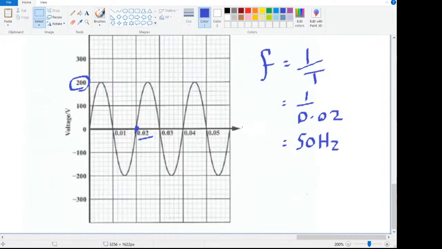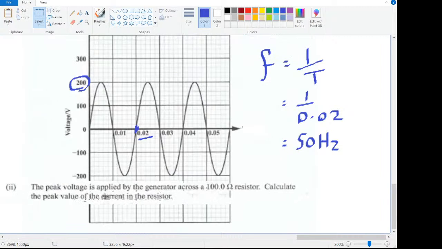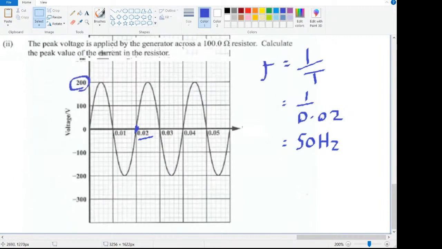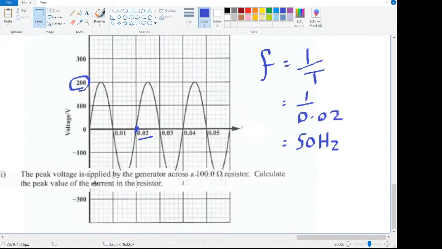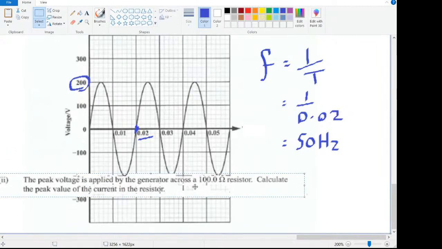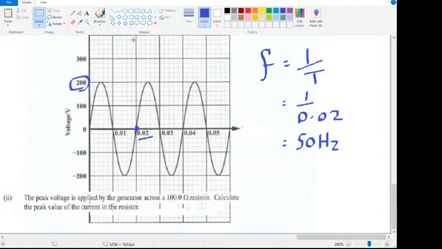The second part is to calculate the peak value of the current when the peak voltage is applied by the generator across a 100 ohm resistor. This is the resistance question.